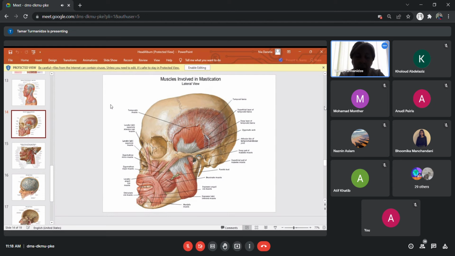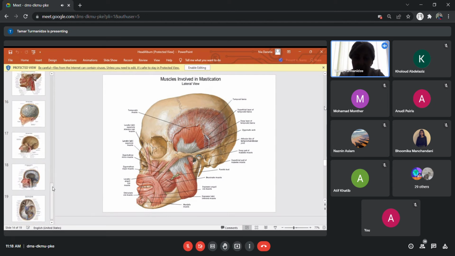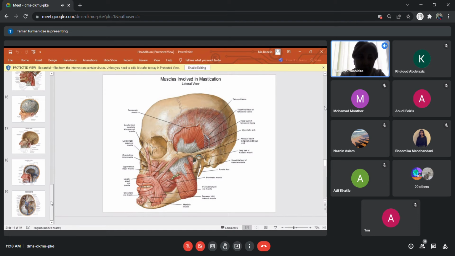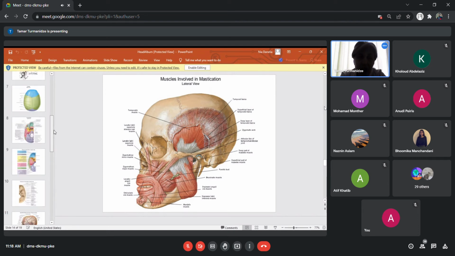The head region is divided into the cerebral part and the facial part. The cerebral part of the head consists of the fornix, which is what we see, and also the base of the skull.